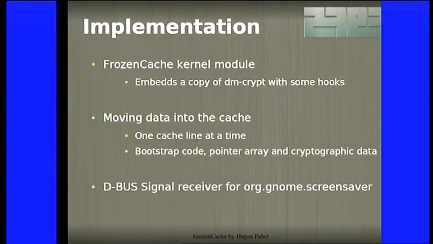And at the end, I'll have a few aspects in addition to DMA that might impact the effectiveness. So Frozen Cache is a kernel module. It has actually a copy of the encrypt, because there need to be a couple of hooks that invoke Frozen Cache, telling it, okay, the cryptographic key is right in this memory location.